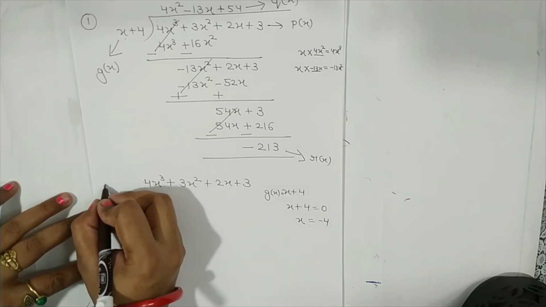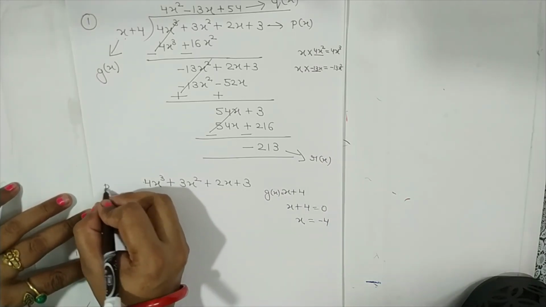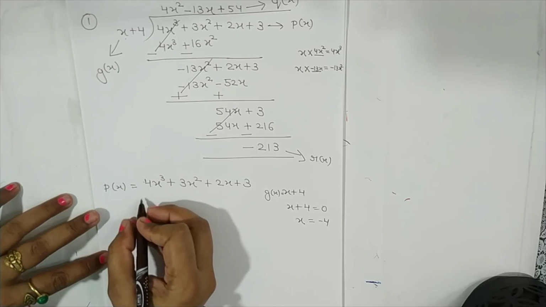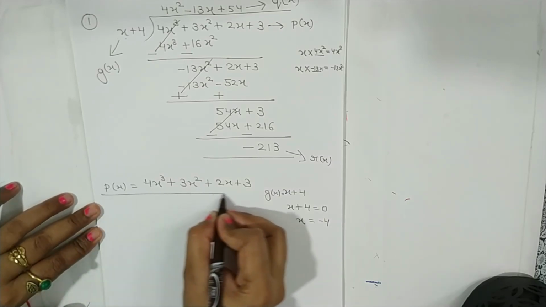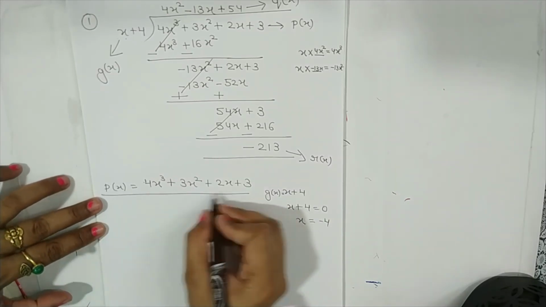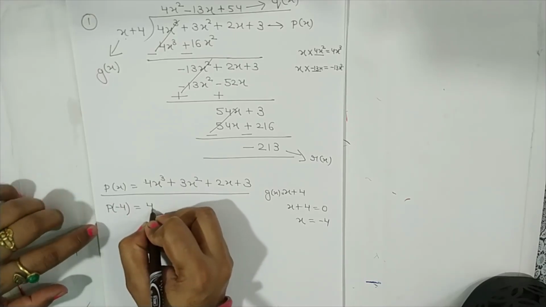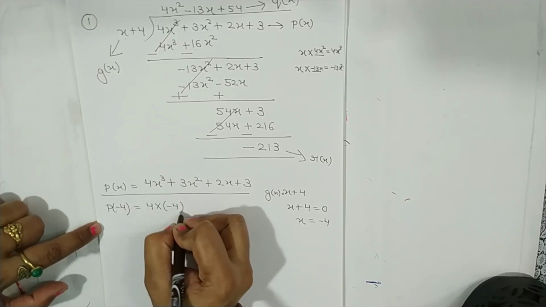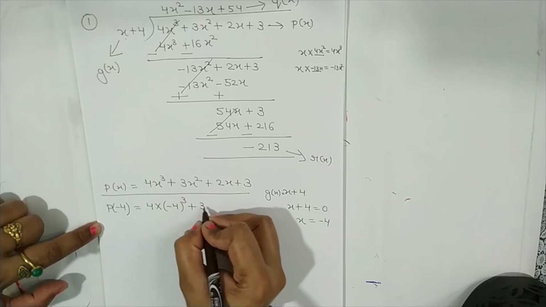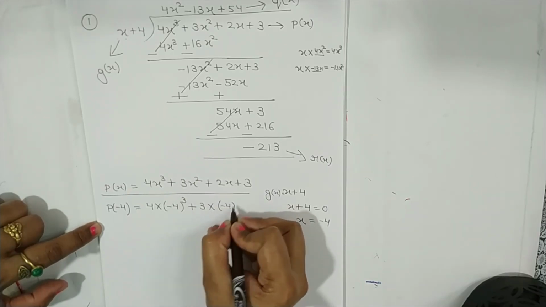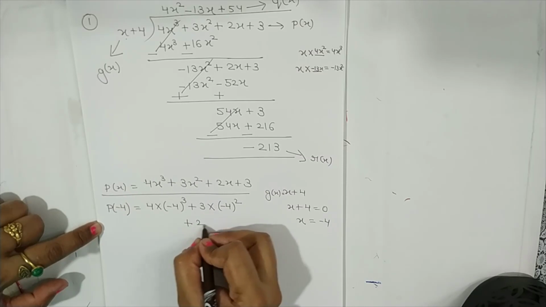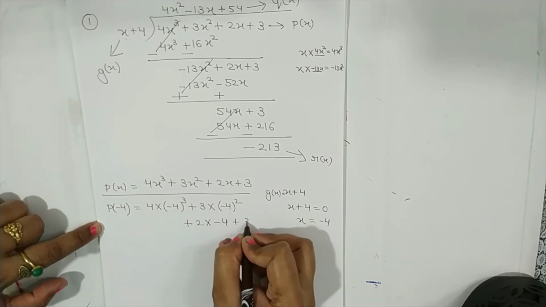Now you have to put x equal to minus 4 in this polynomial. So p of minus 4 is equal to 4 into minus 4 cube plus 3 into minus 4 square plus 2 into minus 4 plus 3.